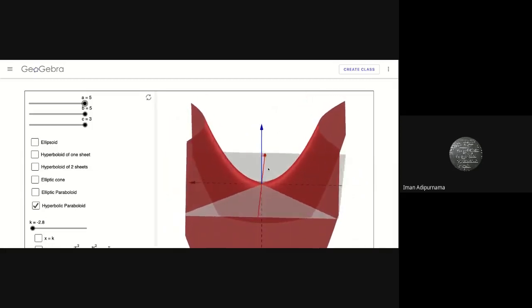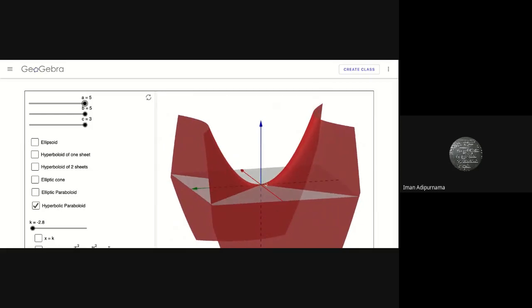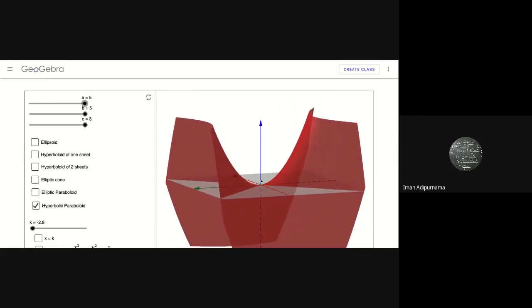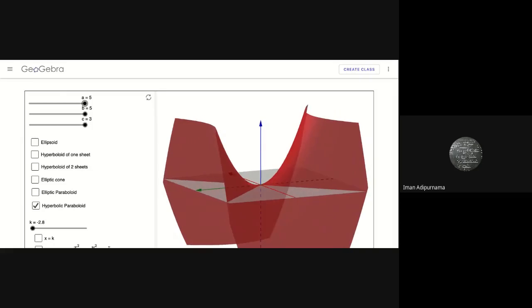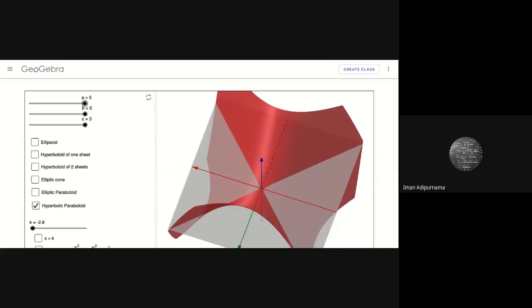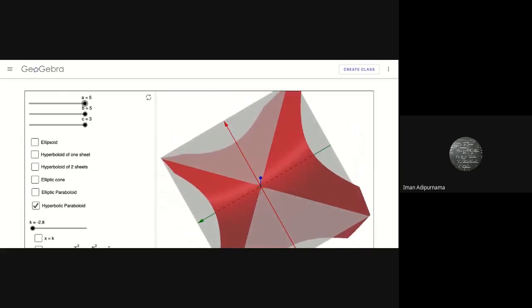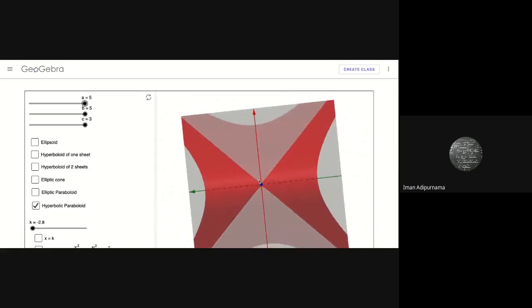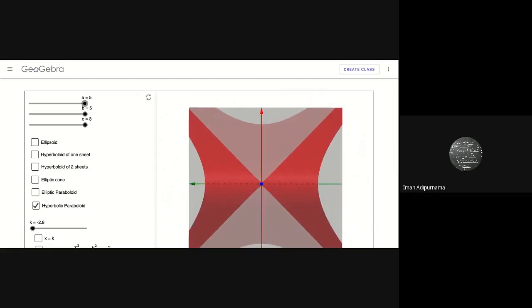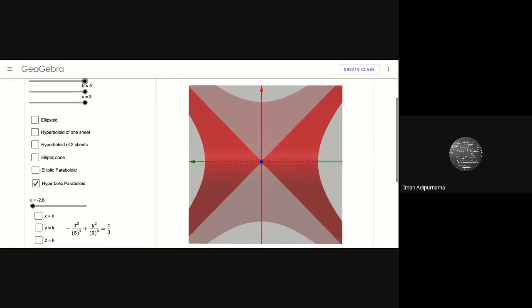So the middle one here is the saddle point. You can see the hyperbola on the left, right, and top and down. Also, they have a parabola, a hyperbola, right?